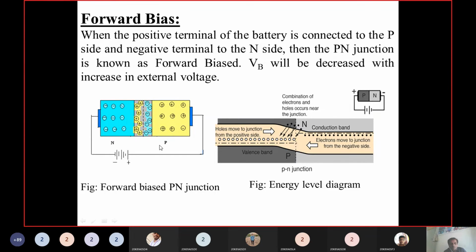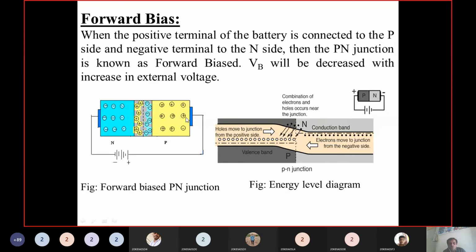If you connect the positive terminal of the battery to the P region, what happens? In the P region, the majority charge carriers are holes.